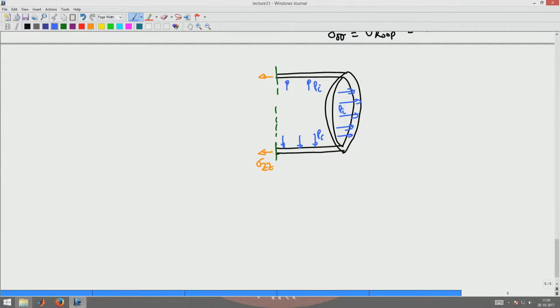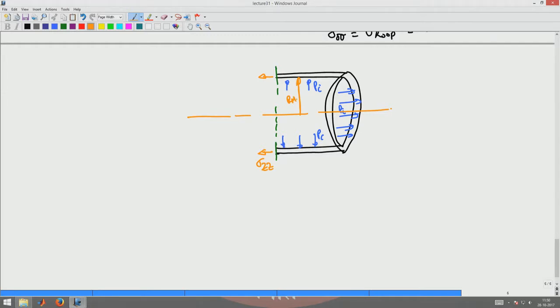Okay. Now, you know that from the center line of a cylinder, this radius is Rm.